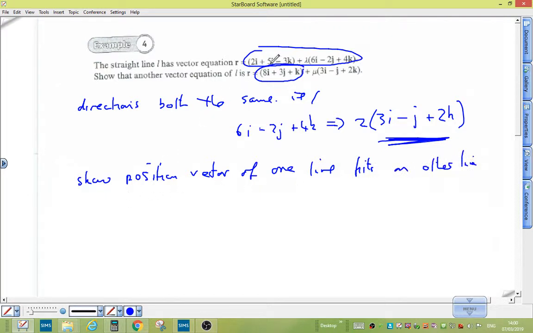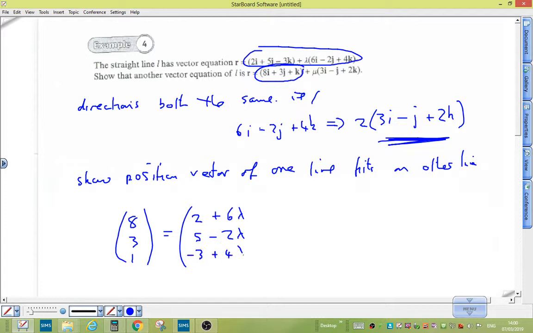So we've got to show what value of lambda it works for, 8, 3, 1. Will that work for the general format? What's the general format of this? 2 plus 6 lambda, 5 minus 2 lambda and minus 3 plus 4 lambda.